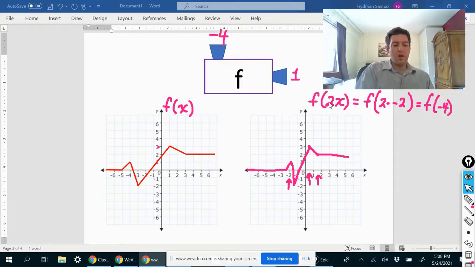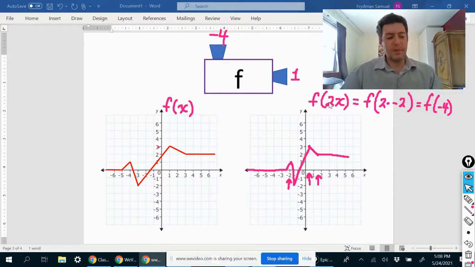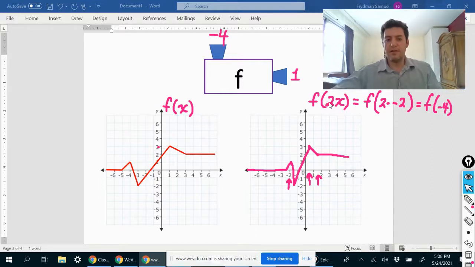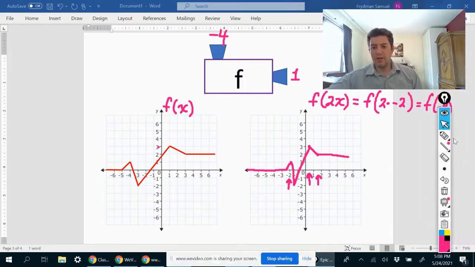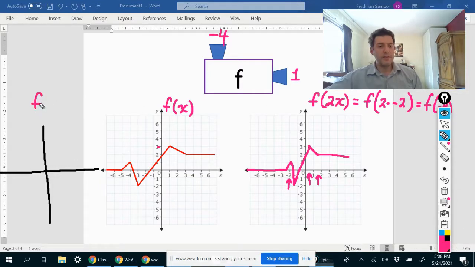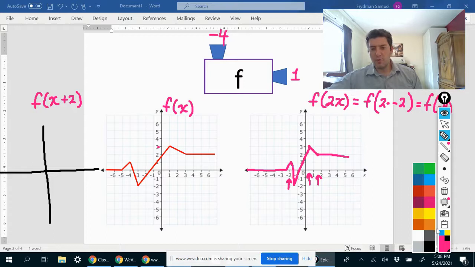I also used the time analogy earlier in the video when we were talking about something like this. You know what? Let me just draw another grid. Okay, so let's say we already did this, but let's say something like f of x plus 2. Then what did the graph look like?